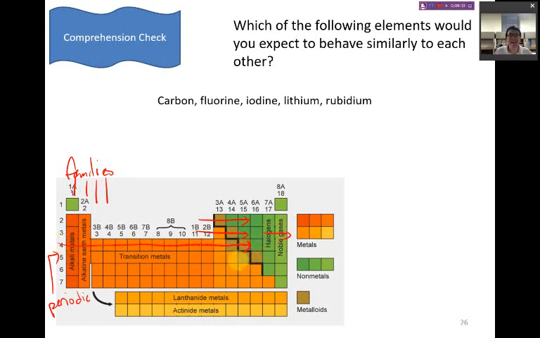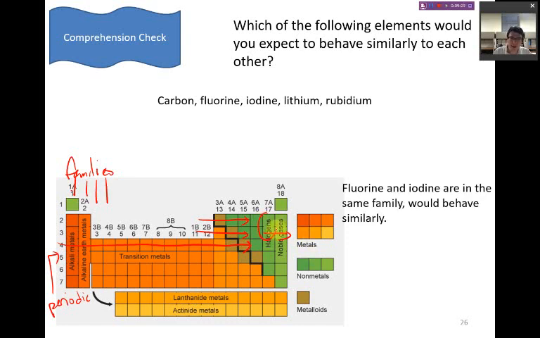So elements in the same family have similar properties. So what you would want to do is categorize them by their family. Fluorine and iodine are here in the halogens, and since they're in the same family, they would behave similarly.